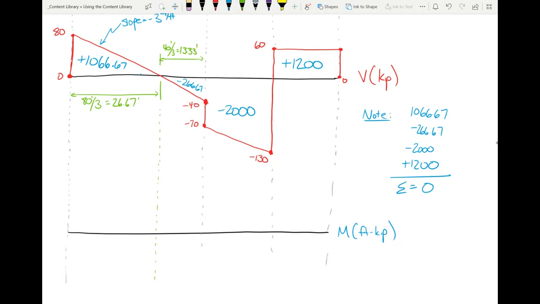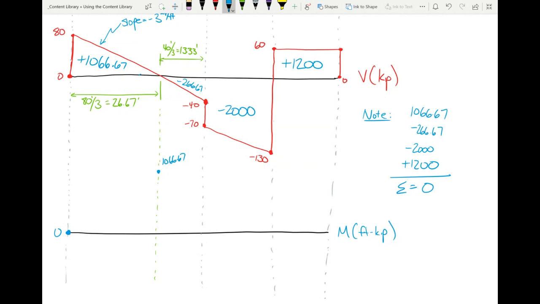All right. Now, before we talk about the shape, let's look at the values. So everybody, before you start copying along, just watch with me, okay? We're going to start at 0, and then we're going to jump up 1066.67, because now we're looking at the areas.